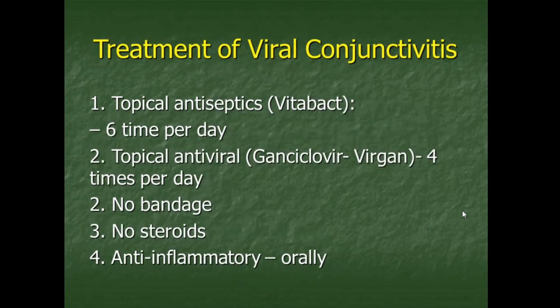Treatment of viral conjunctivitis: we shouldn't prescribe antibiotics. We can prescribe a topical antiseptic like Vitabact, for example, 8 times per day, and we can prescribe a topical antiviral gel, for example, ganciclovir Virgan, 4 times per day.